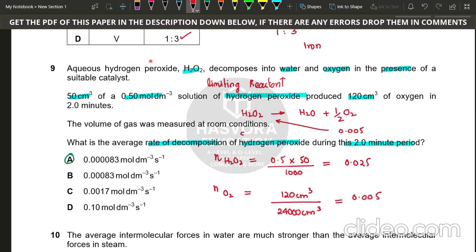So for the hydrogen peroxide it will be 0.01 mole required. And if 0.01 mole is being decomposed in 2 minutes, you have to look for the rate of decomposition per second. What is 2 minutes? It is 2 times 60 seconds, so it will give you the answer 0.0000833 mol dm³ per second. So this means that A is your answer.